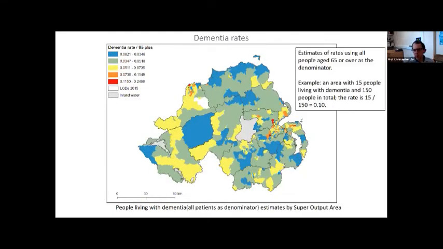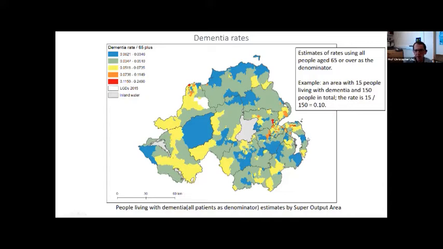So what we have tried to do, I've explained how the BSO provided data on GP patients by their practice and where they live, just not the breakdown by dementia. And using those data and then the number of patients or people living with dementia in each practice, we've made these estimates.